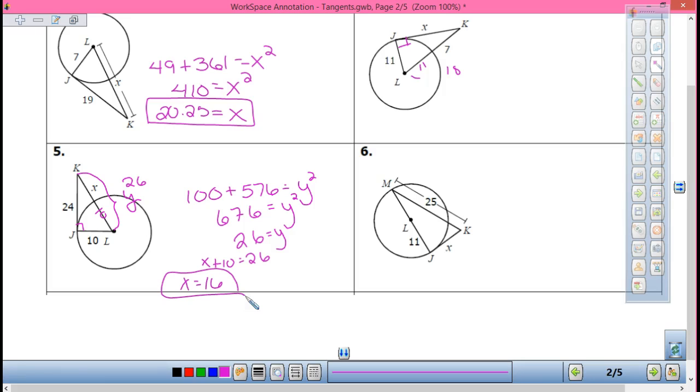Some of us look at me like we're not sure how that works. Who's confused? Morgan, what's up? Which part? All of it? Well, do you know how to do the Pythagorean theorem? Because that's all we're doing. Right? Okay, so is that the part you're confused on?